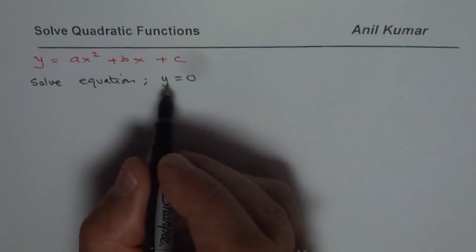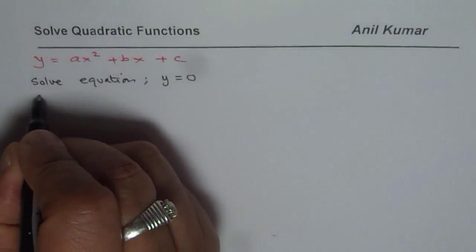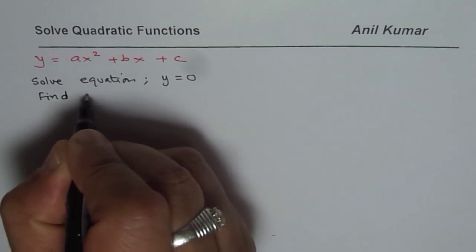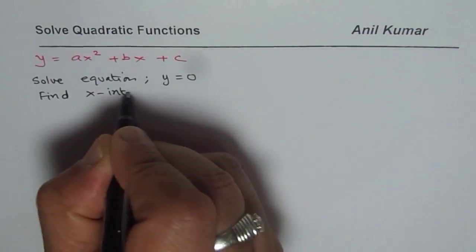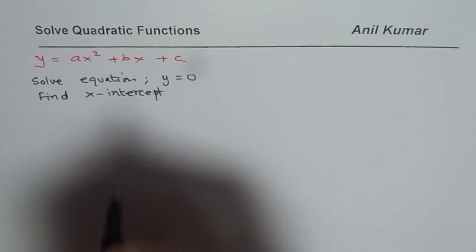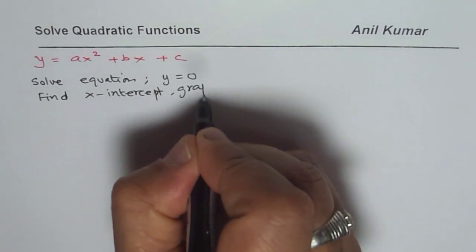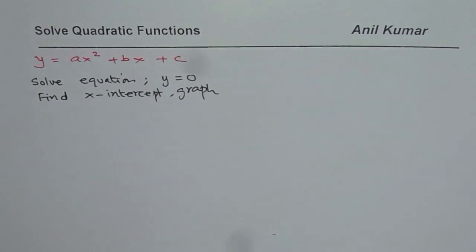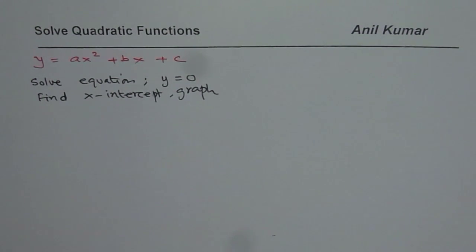At times, we will also call this find x-intercepts, when in relation to a graph, right? So if we draw the graph, which is going to be a parabola, we may say find x-intercepts. That's also kind of solving the quadratic function.